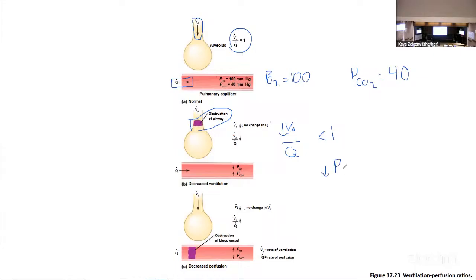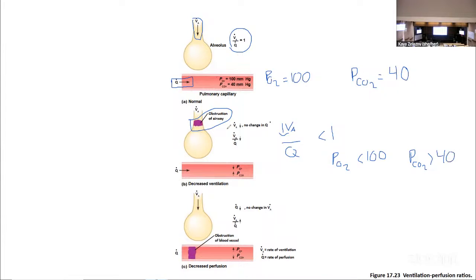Our partial pressure of oxygen is going to be less than 100 now. And our partial pressure of carbon dioxide is now building up. We didn't breathe out enough either, so we're going to see something that's more than 40. That's what happens if we block an airway.